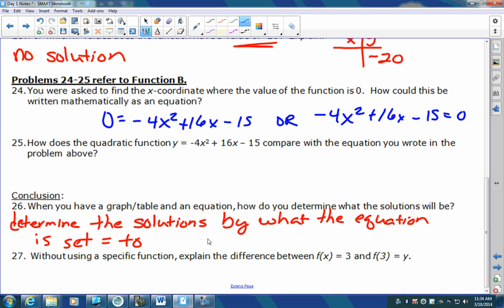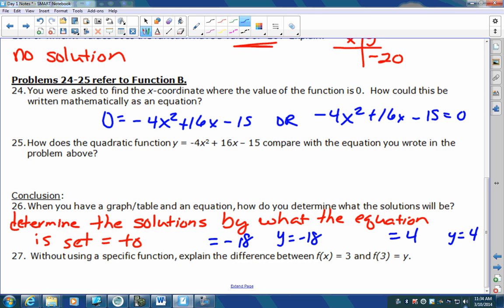Meaning, if it says it equals negative 18, you look and see where y equals negative 18. If you have this whole equation and it says it equals 4, you look and see where y equals 4 and you find your x numbers.